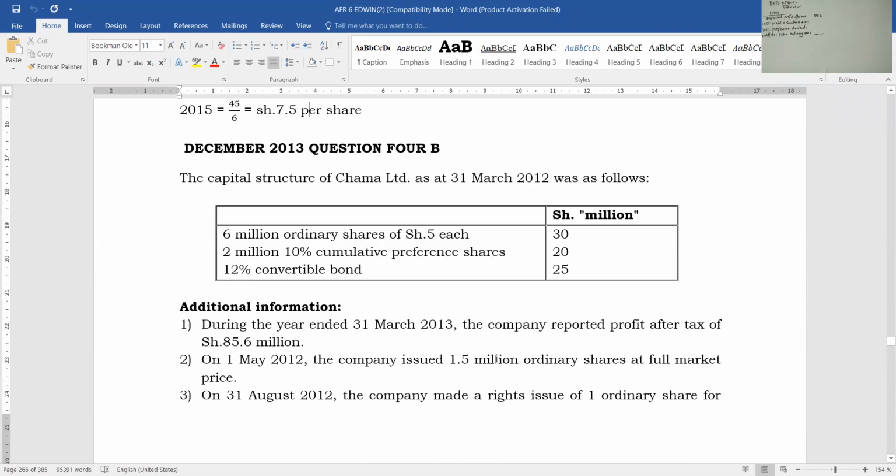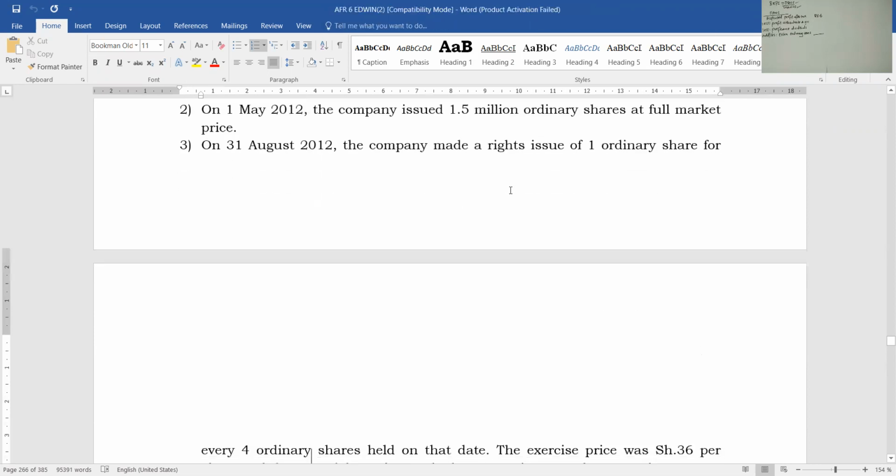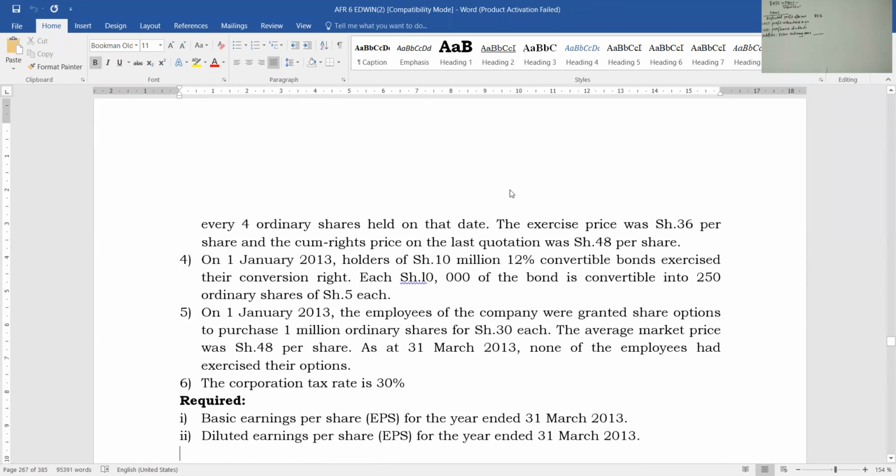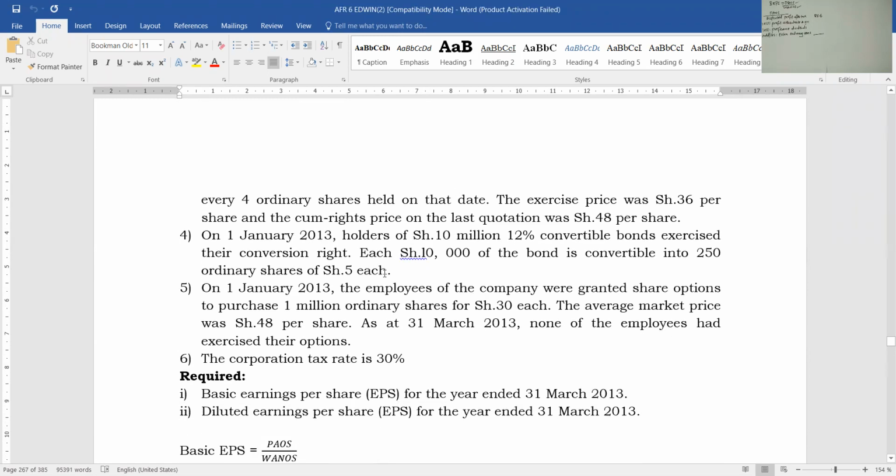Then the next thing I have to check is the dividends attributable to the preference shareholders. You check where we have the preference shares. The balance you are given here is as at 31st March. Our financial year, as you can check in the required, is as at 31st March 2013, which means our financial year starts on 1st April 2012.